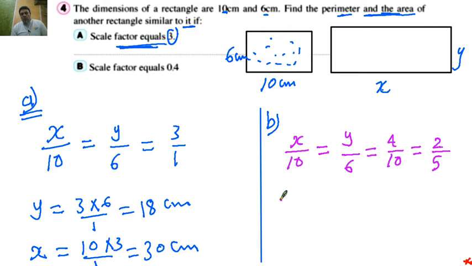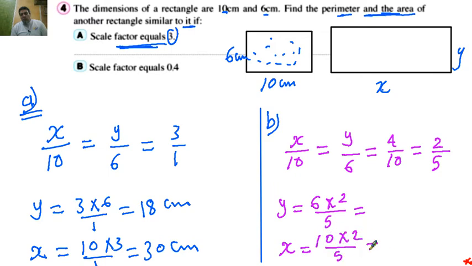Then y equals 6 times 2 over 5 and x equals 10 times 2 over 5. So y equals 2.4 centimeters and x equals 4 centimeters.